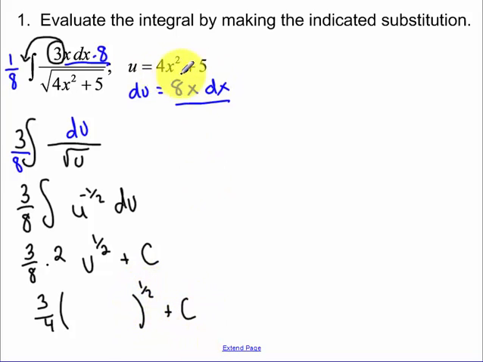Now substitute back in what your u was. And again, you can take the derivative of this and hopefully you get back what we started with.